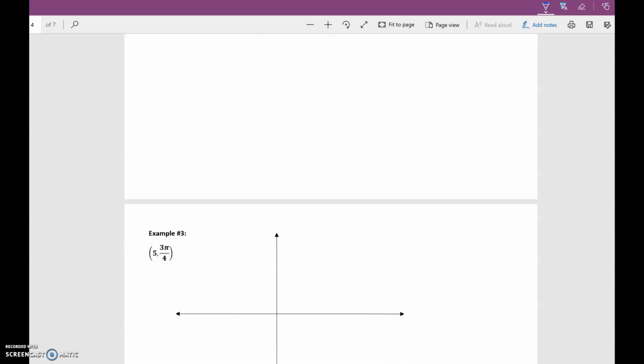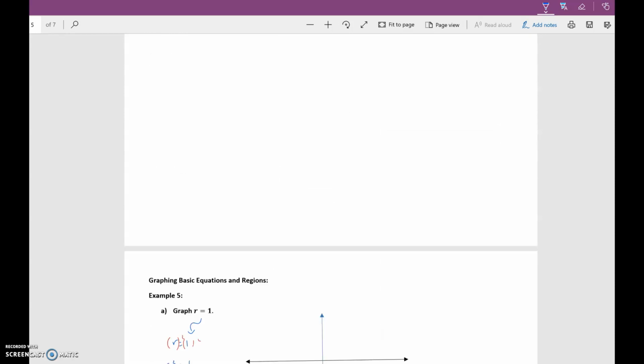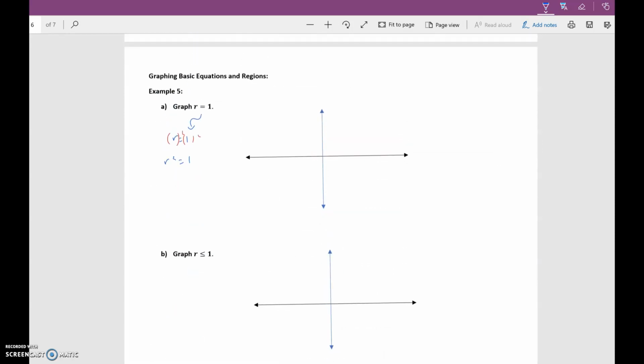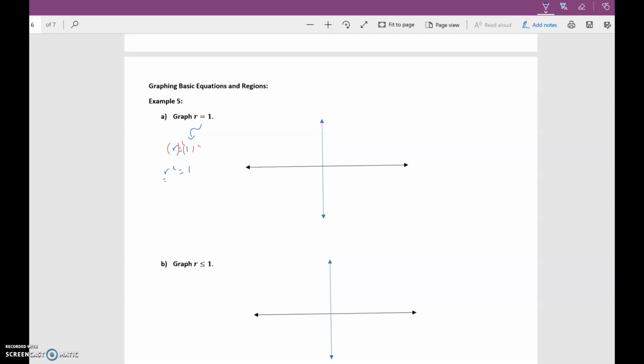So you could do the substitution and rewrite that x squared plus y squared is equal to 1, because r squared is equal to x squared plus y squared.